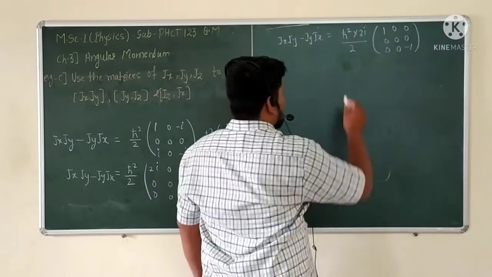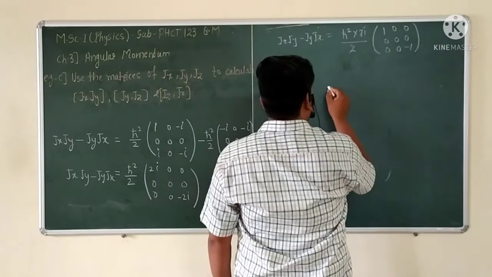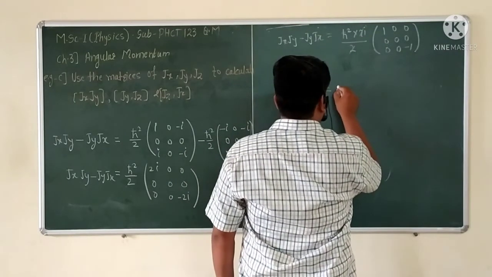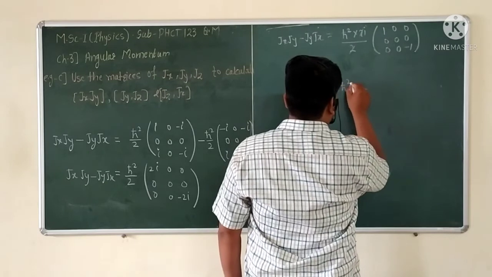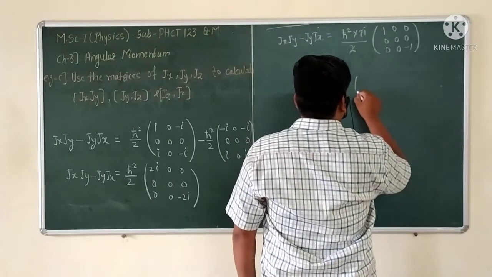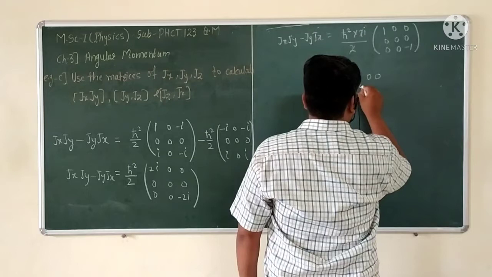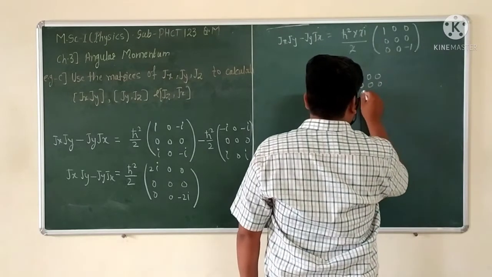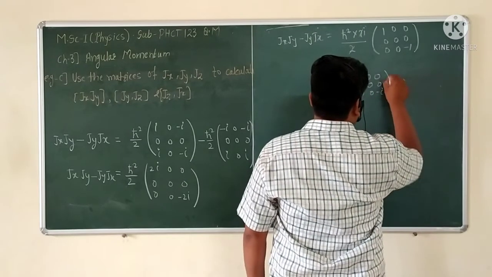This 2 gets cancelled, then the final result is i ħ² of 1 0 0, 0 0 0 and 0 0 minus 1.